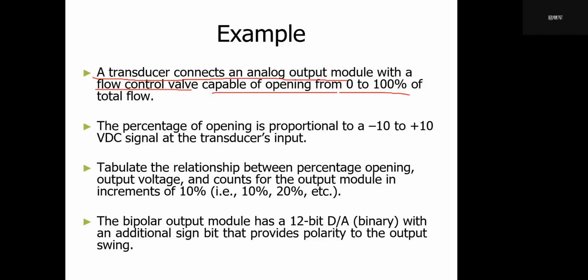The percentage of opening is proportional to a minus 10 to plus 10 VDC signal as the transducer input. Tabulate the relationship between percentage opening, output voltage, and counts for the output module in increments of 10%.